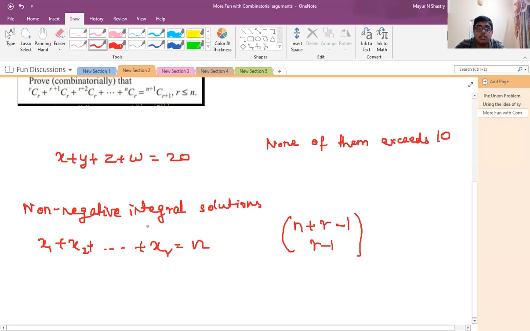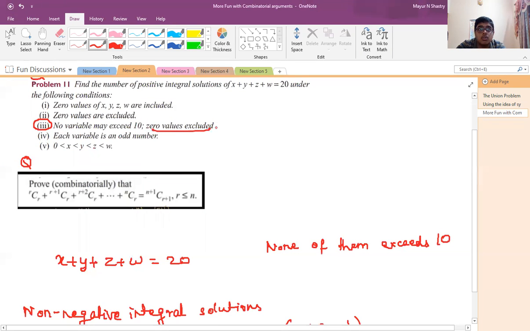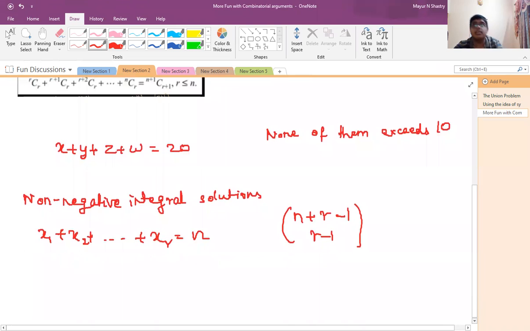Coming back to this, now they've asked us for the positive integral solutions. Zero values are excluded. Zero is not allowed. So each one of them must at least be one, because they cannot be zero and they're non-negative as well.